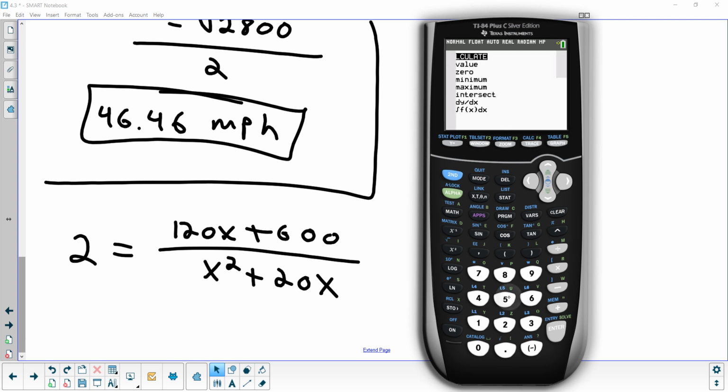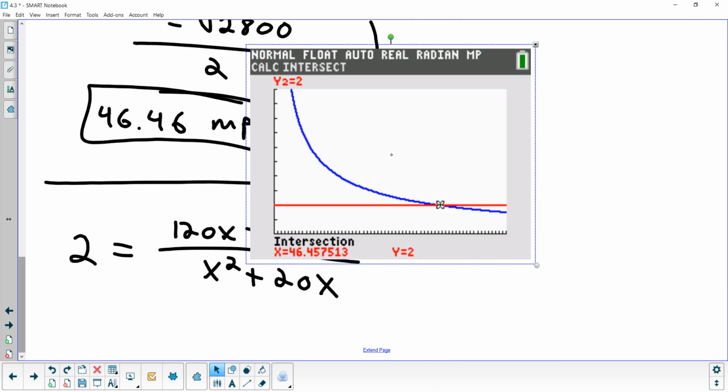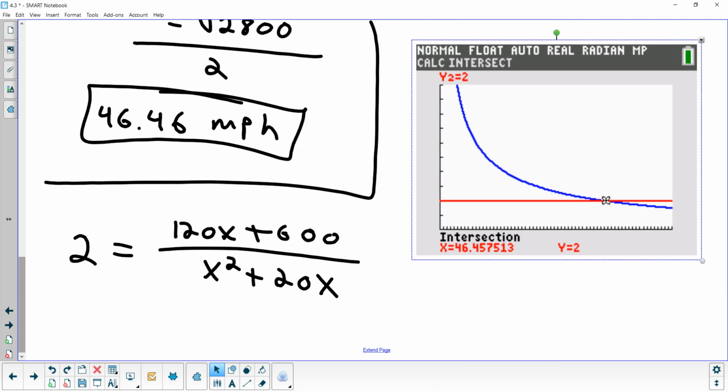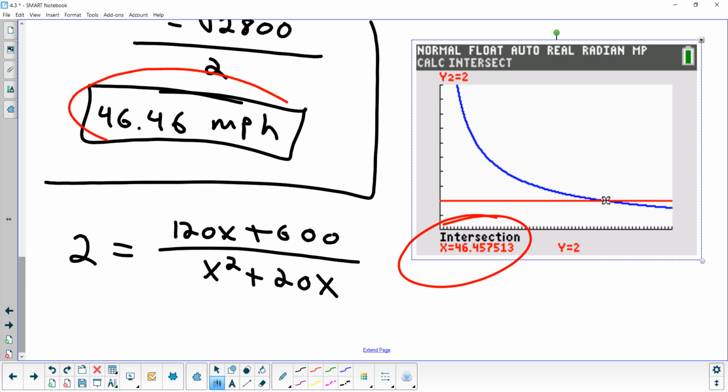So second calc, intersect, pick a point on the blue, a point on the red, and then move your guess somewhat close. It doesn't matter too much because there's only one point where they cross. But if you look at this, we get exactly the same thing that we got using the quadratic formula. Okay, so 46.46 miles per hour.